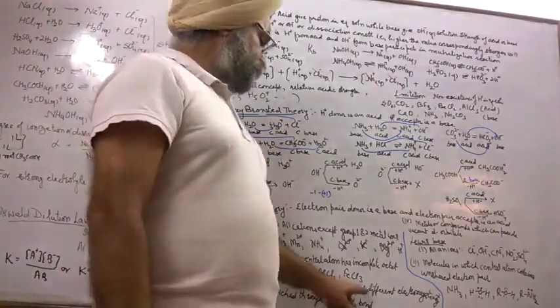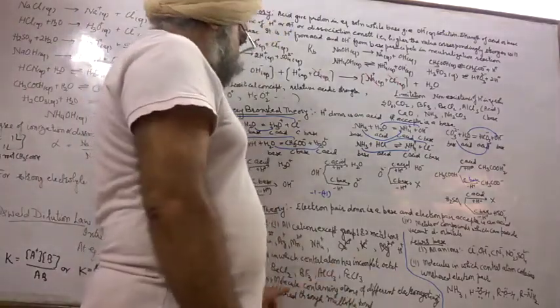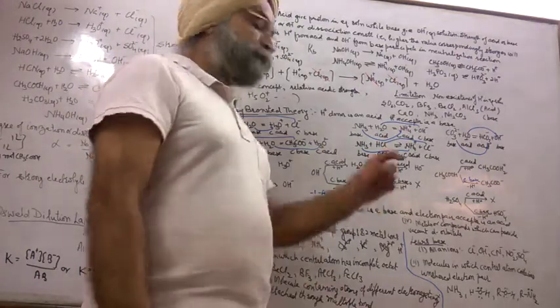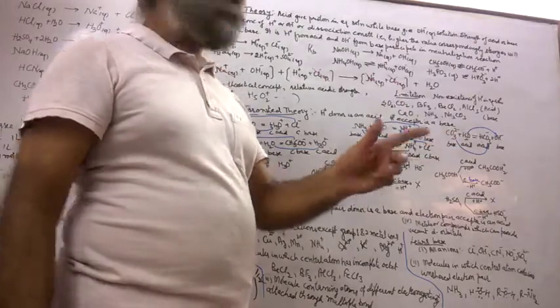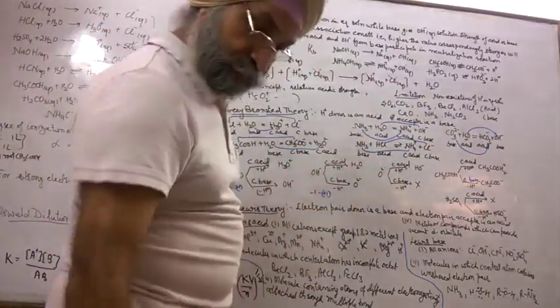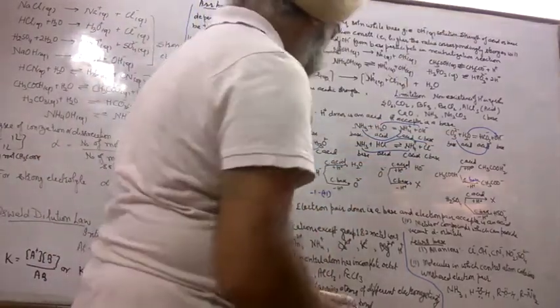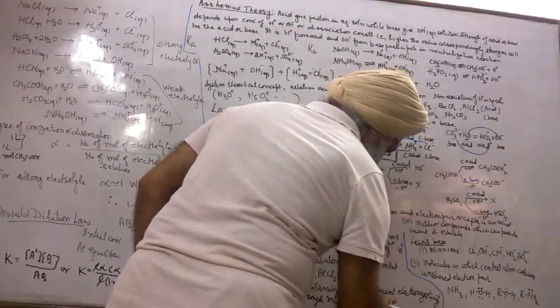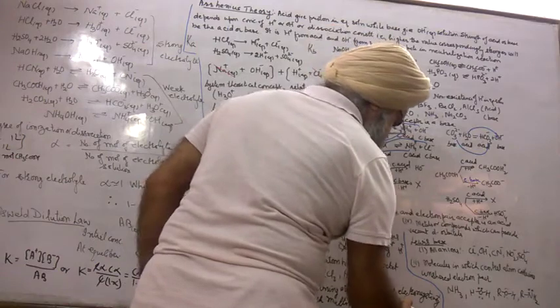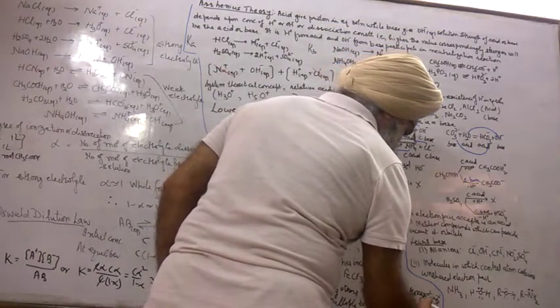Molecule contains central atom of different electronegativity attached to multiple bond. Like carbon dioxide. Carbon dioxide contains C double bond O, also sulfur dioxide, oxides of nitrogen.